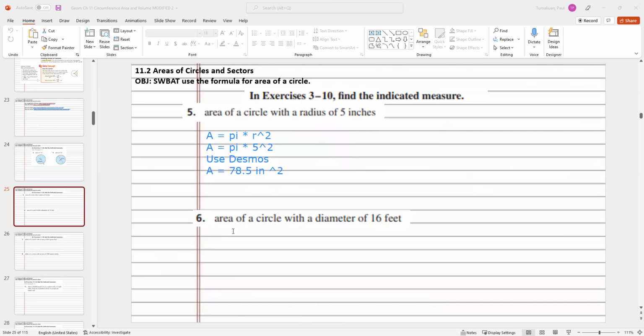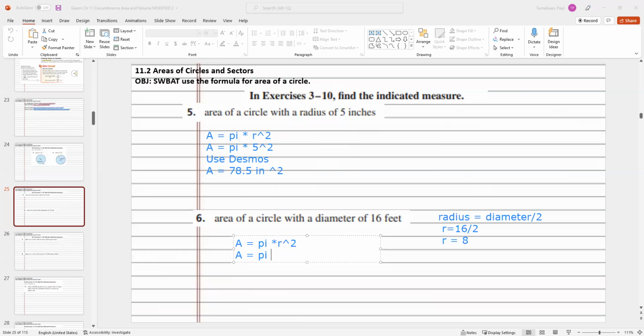And the area of a circle with a diameter of 16 feet. So remember, the diameter is twice the size of the radius. So the radius is half the size of the diameter. So r equals 16 divided by 2, which is 8. All right. So let's plug that in. Area equals pi r squared.